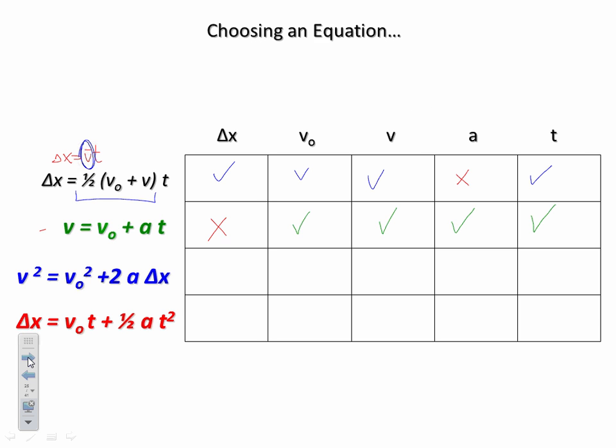There are some examples where they'll discuss a delta X and a V naught and a V final and an A, but nothing about how long anything takes. Good idea to use this equation.